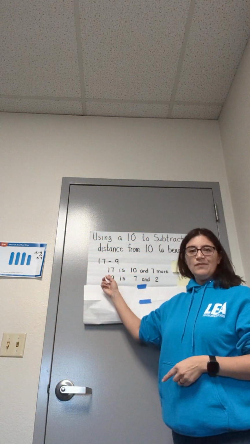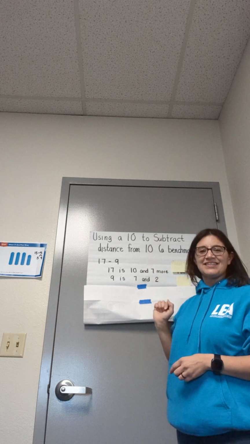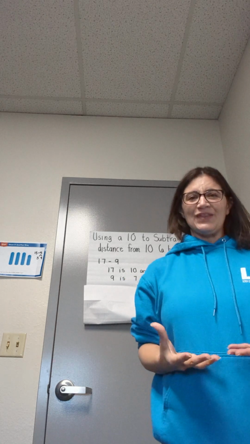Okay, so what are some language tweaks that we can use to help our students understand? Well, we've been teaching students that 17 is 10 and 7 more. All of our teen numbers work this way.